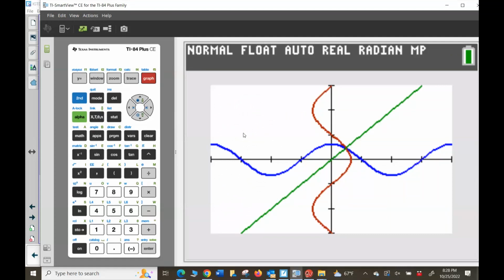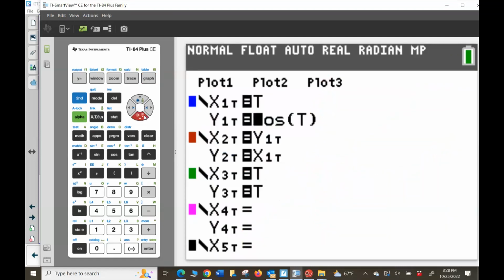I don't want to spend too much time on this, but here's the part I really like. Those of you who teach trig, where's the inverse cosine function? Well, I'll go back to y equals, and this is going to be in hot pink. So I want t for x, and the inverse cosine of t, which is second cosine of t, and that's going to be in pink.